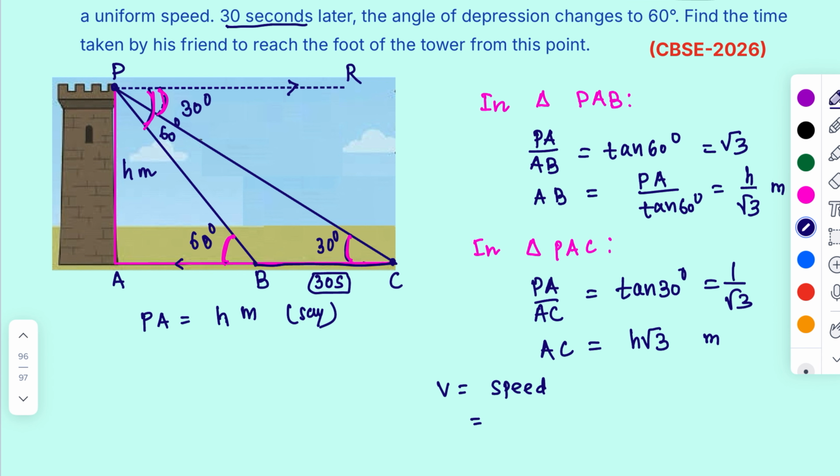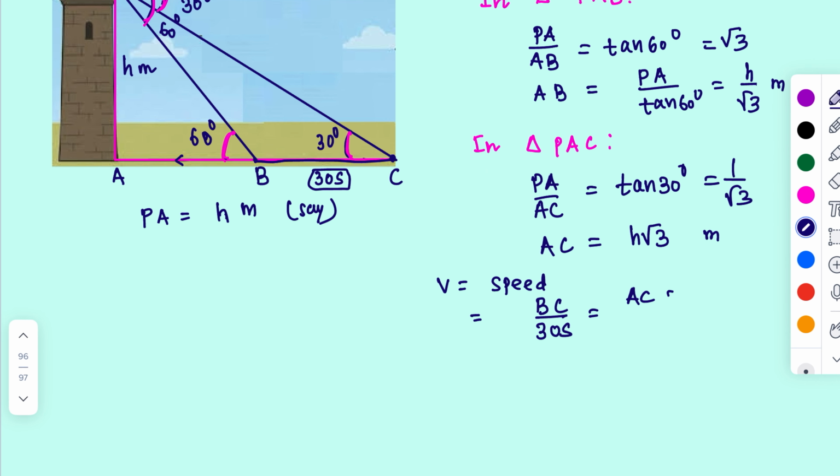Speed is equal to distance by time, so V is equal to BC by 30 seconds. And BC is equal to AC minus AB, divided by 30.